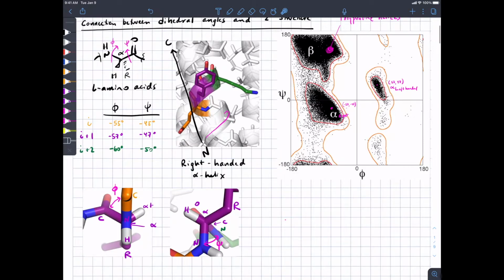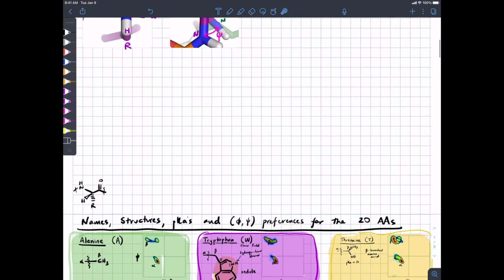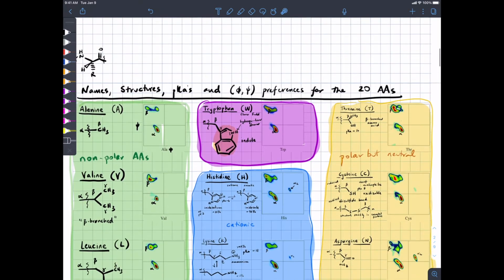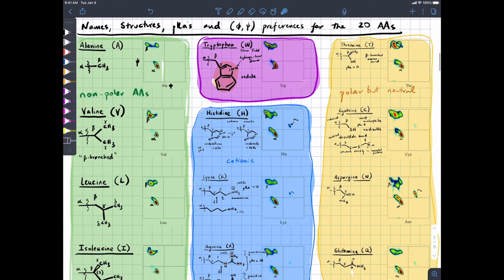Let me show you what I mean. Here are the structures, names, pKa's, and phi-psi preferences for the 20 amino acids. So I want you to memorize amino acid structures, their names, and their one-letter codes. You could memorize their three-letter codes, but if you know the names, the three-letter code is basically obvious.